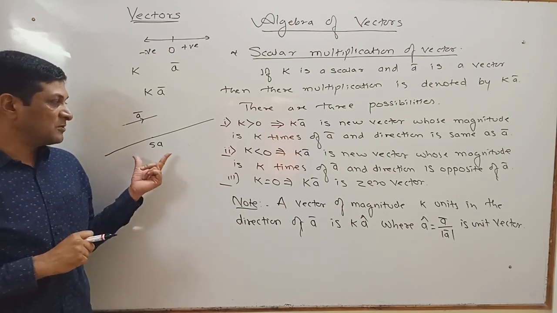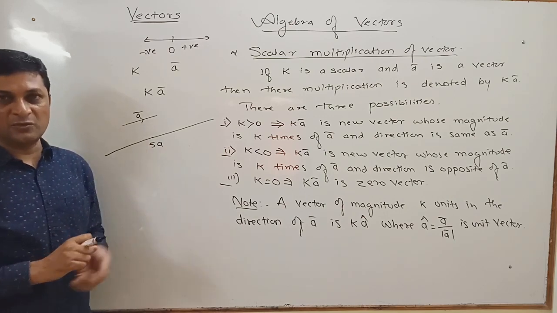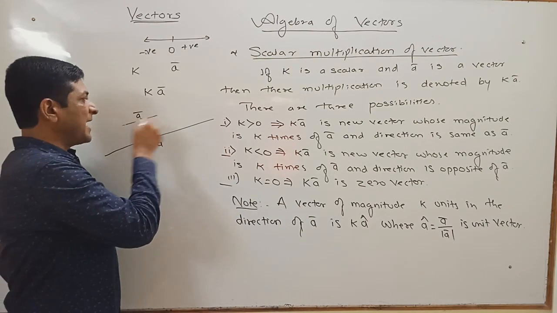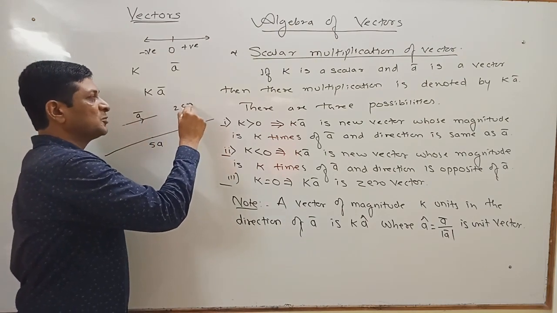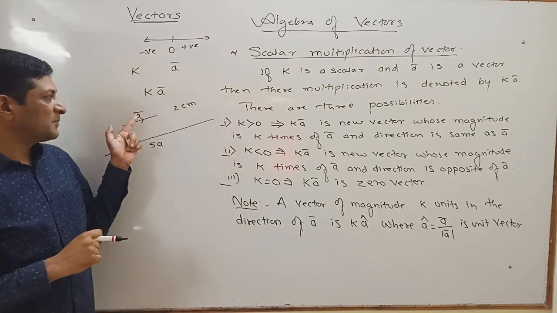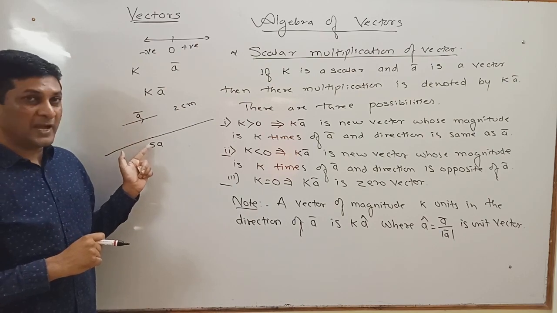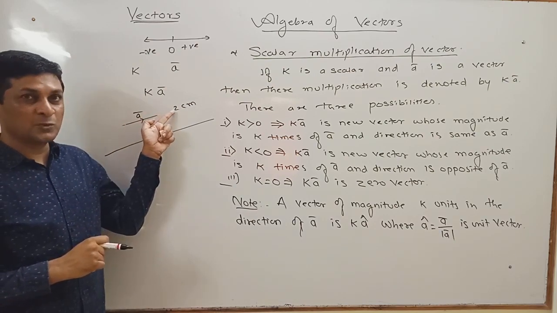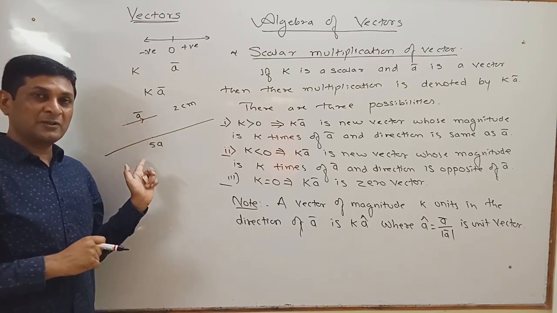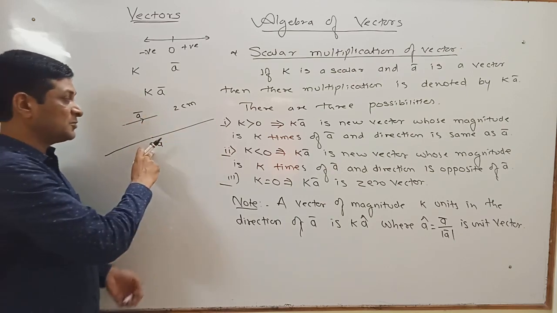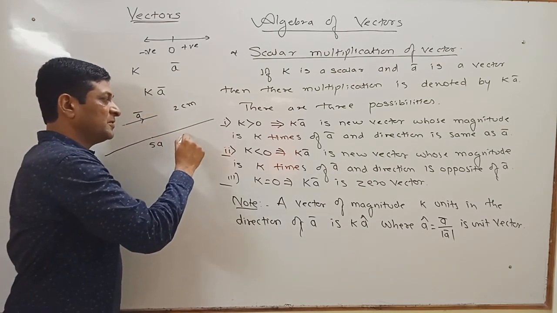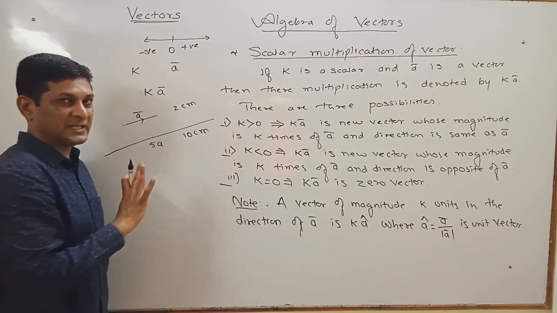We will discuss the magnitude and direction of this new vector. If the magnitude of a bar is, say, 2 centimeter, and you are multiplying this vector by 5, then 5 2s are 10, so the magnitude of the new vector will be 10 centimeter.